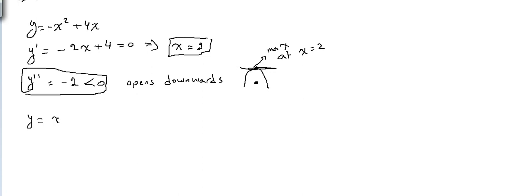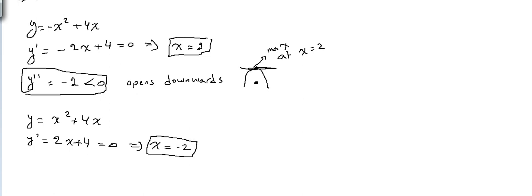y equal x squared plus 4x. What is the first derivative? The first derivative is 2x plus 4. And if we take it equal to 0, this implies that x should be equal to minus 2. First, we have to find the second derivative. The first derivative we can write in the form of dy over dx, right?